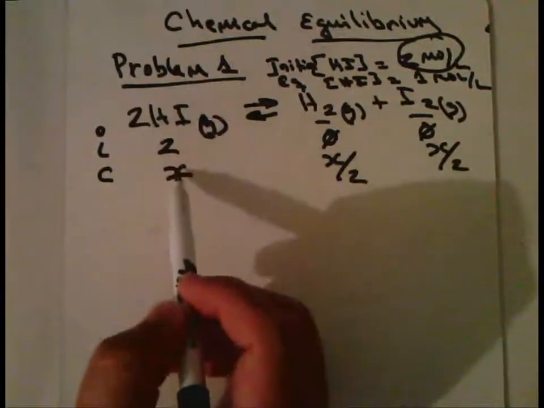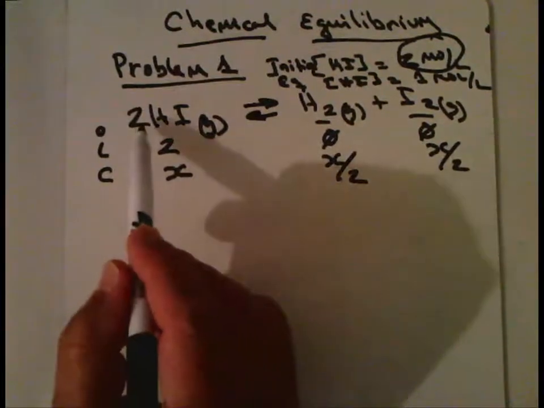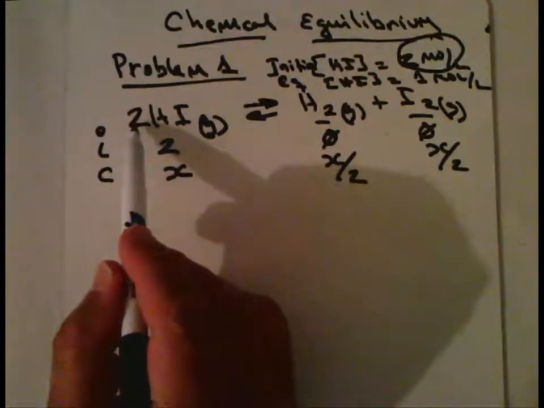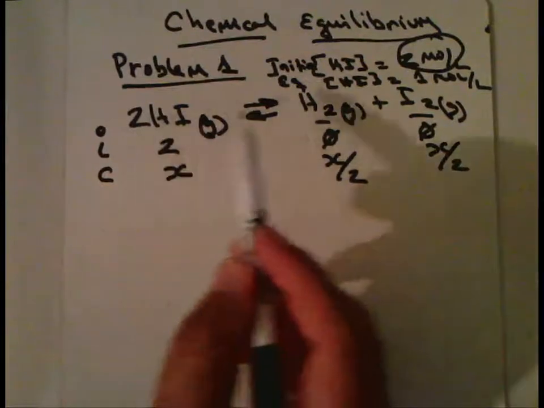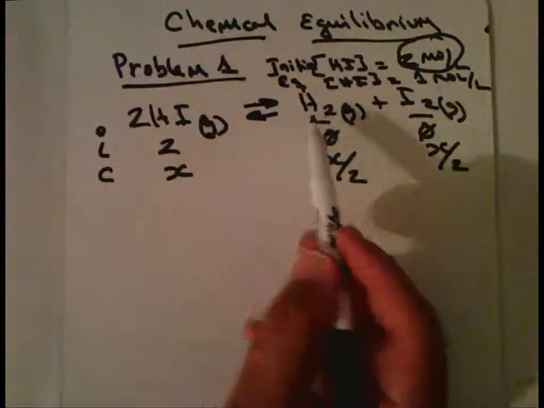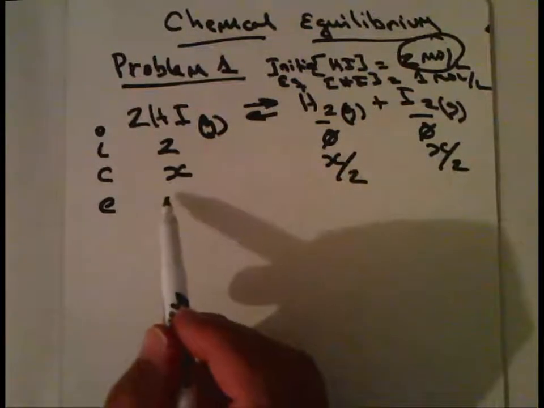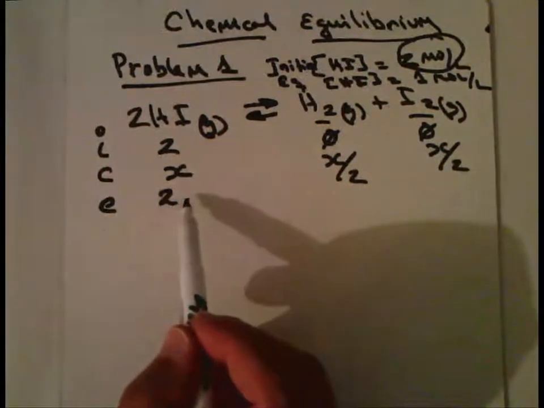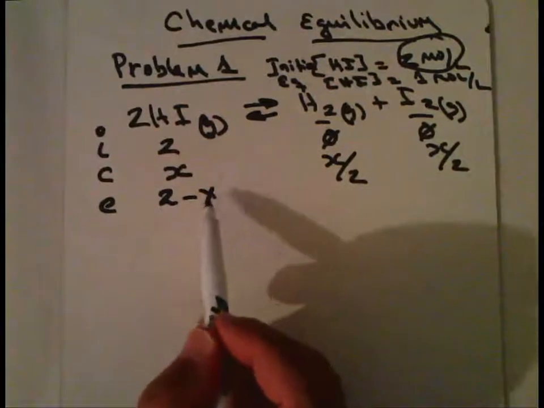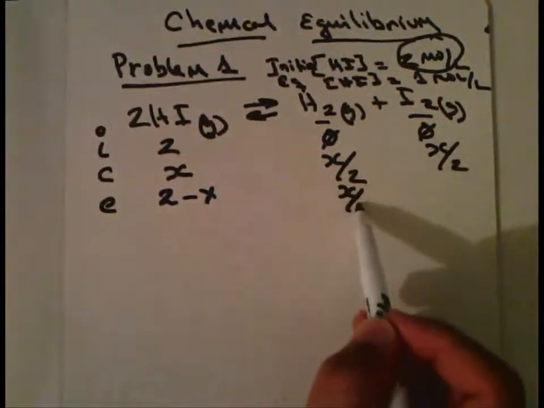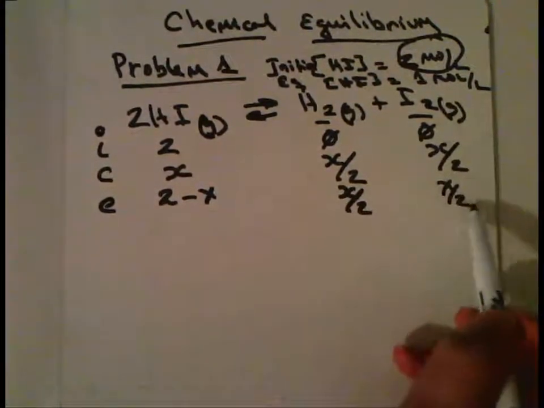That's why I divide by 2, because 2 moles of hydrogen iodide will produce half of hydrogen and half of iodine. So in equilibrium we will have 2 minus X, X over 2, and X over 2.